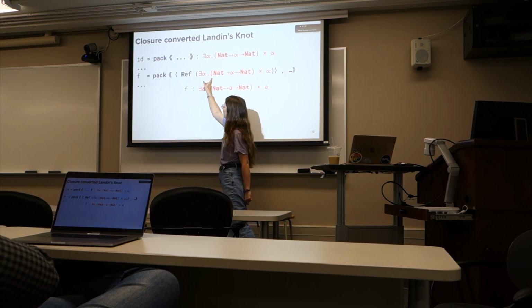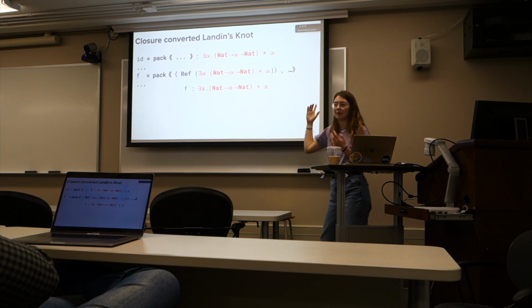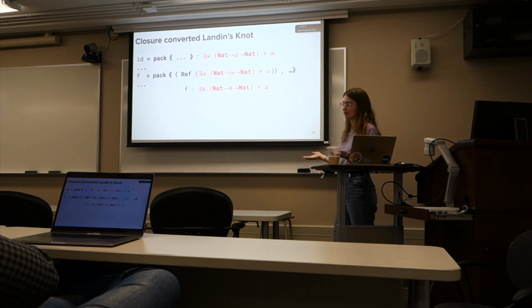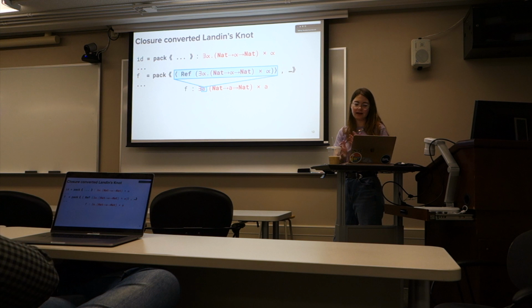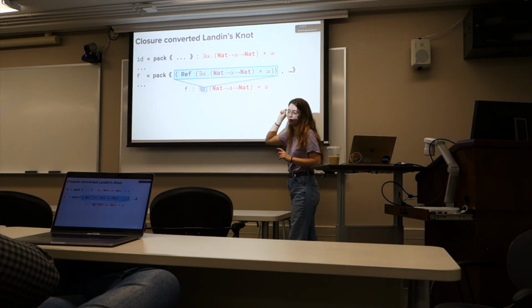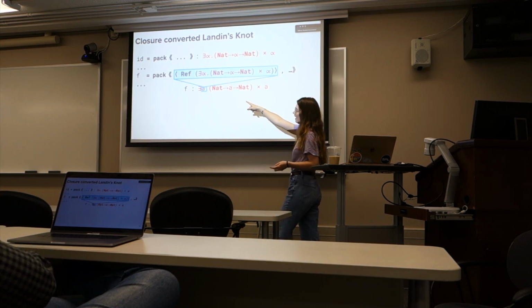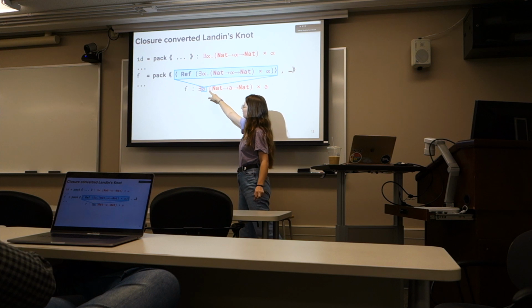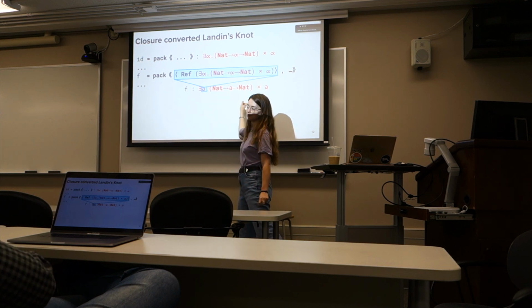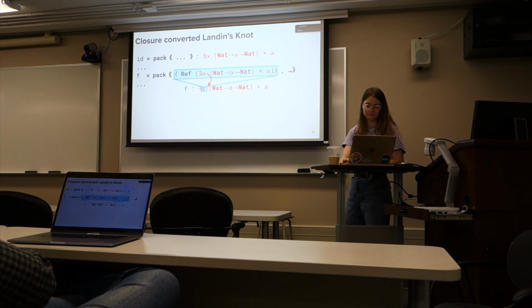And here's the type that we're packaging up for the environment of F. And what we're packaging up is a tuple type that contains a reference. But if we look inside that reference, we see that we're packaging up the exact same existential that we're trying to define now. That is, A here is going to be instantiated with a type that contains itself, that it finds itself in.